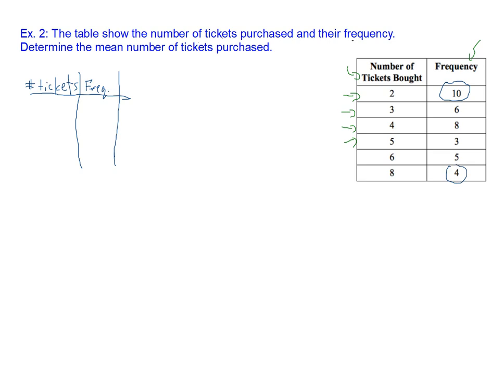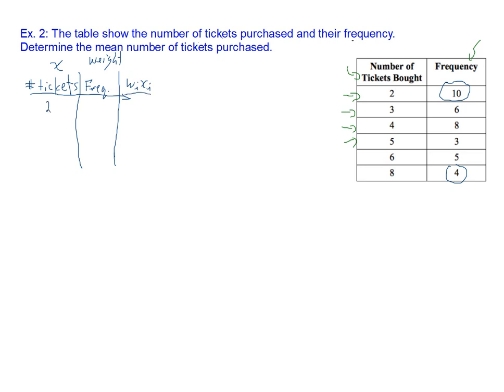So what we're going to do here is we're going to take the number of tickets and multiply by the frequency. So I'm going to put up here just the fact that this is like having a weight, and this is like our x value. So we're going to do the weightings times the x values. So then we fill in the table.